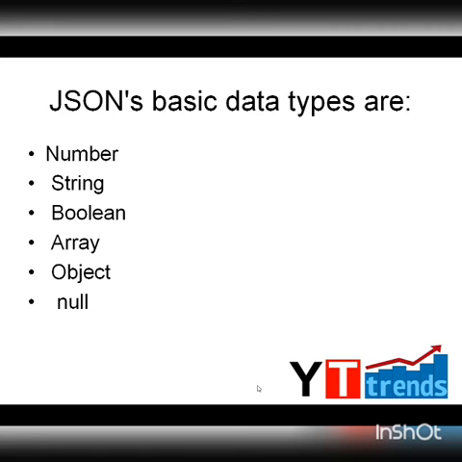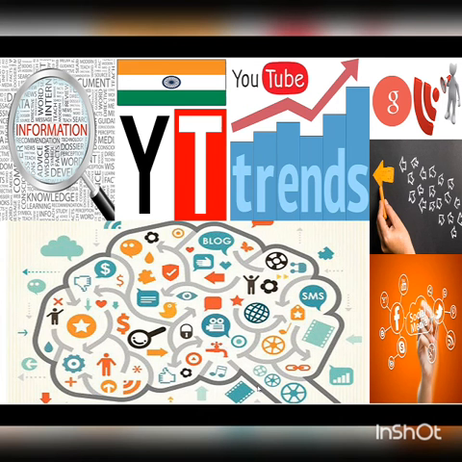Note that RFC 7159, dated March 2014, now obsoletes both 4627 and 7158. I hope you got a little bit of information about JSON.